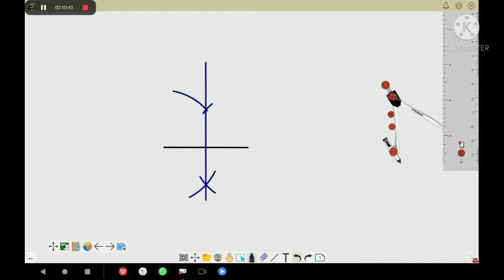Since it is a bisector, each half is 3 centimeters. So on this bisector also we need 3 centimeters. We put the ruler on the point of intersection and take the measure equal to 3 centimeters.